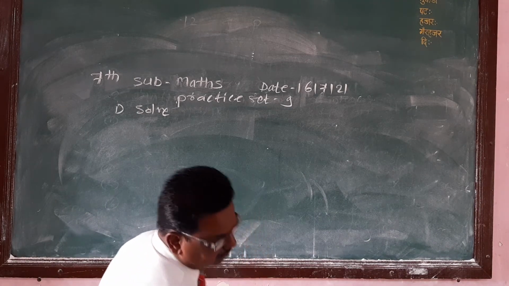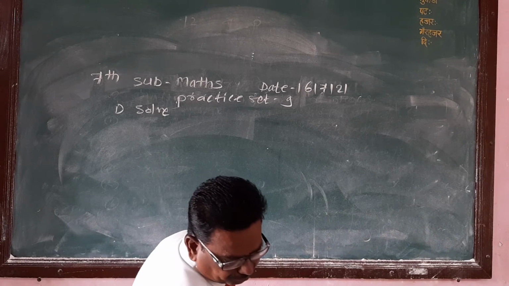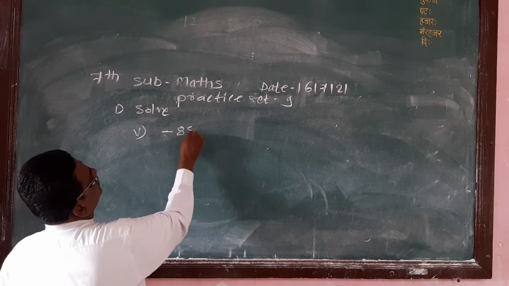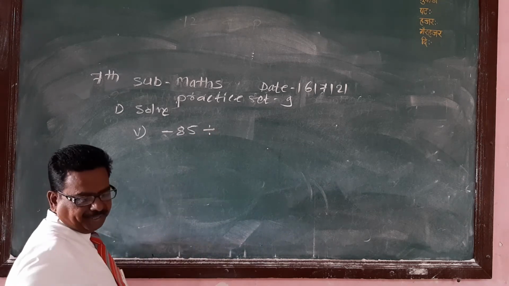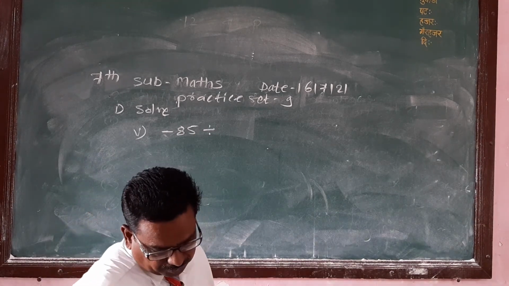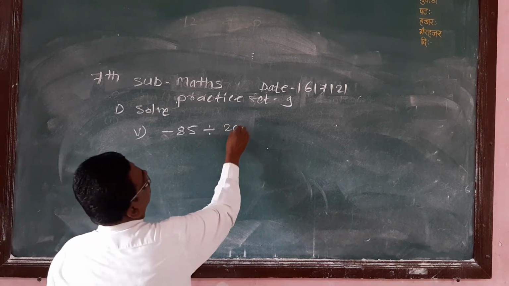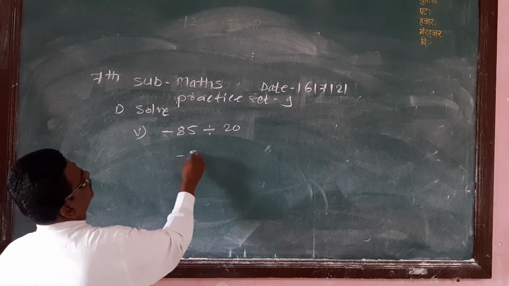Minus 85, problem number 5. Minus 85 divided by 20. Okay.